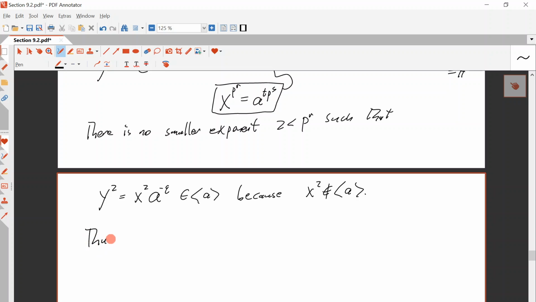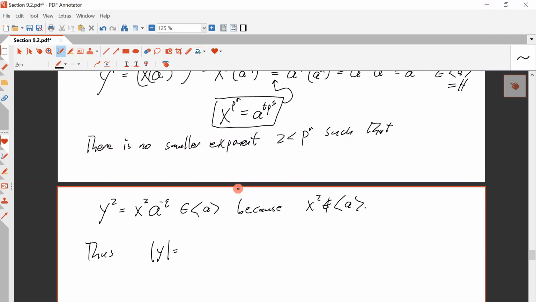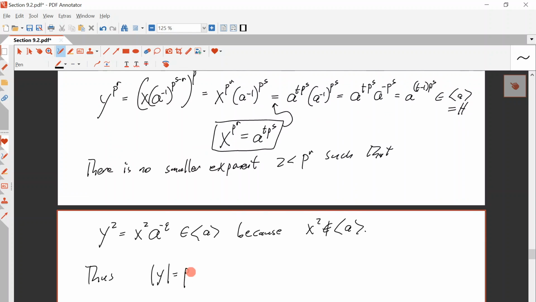Right? Thus, the order of hy is equal to p to the r, which is the order of hx. So that's what we wanted right from the beginning.